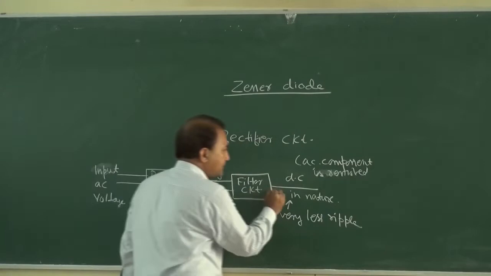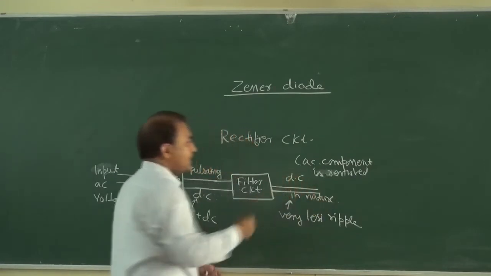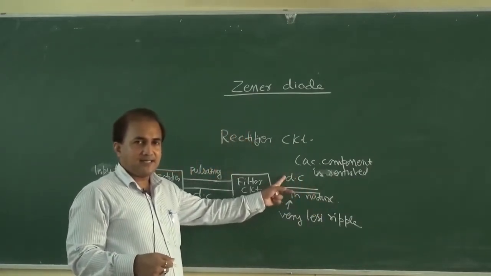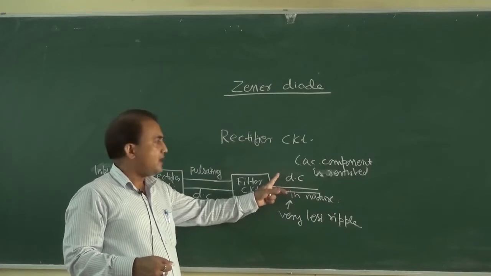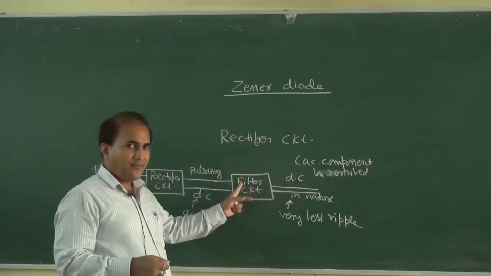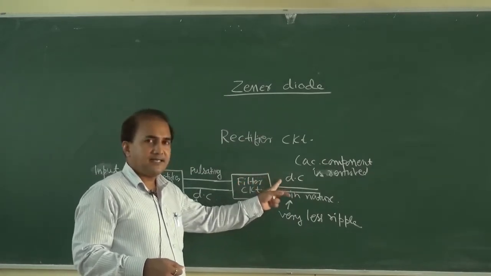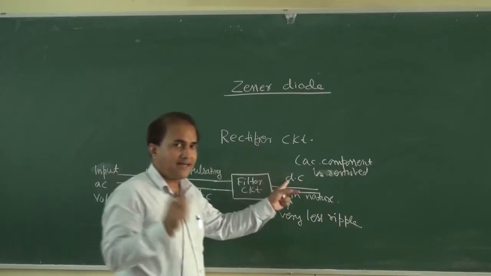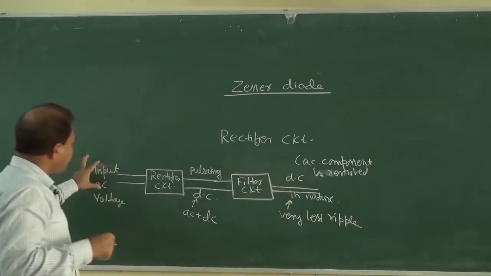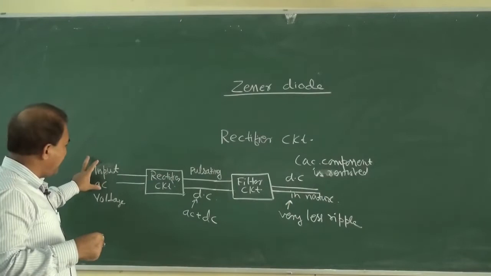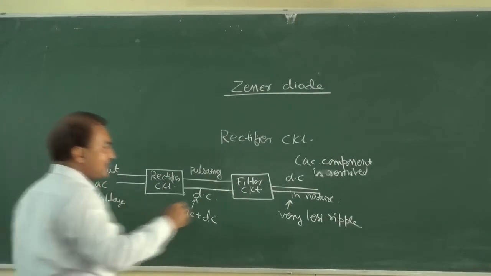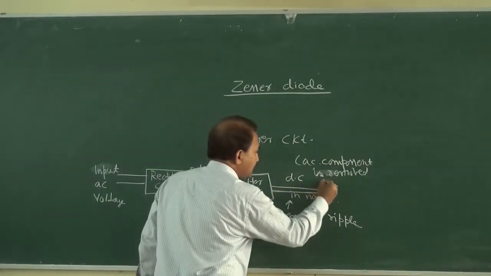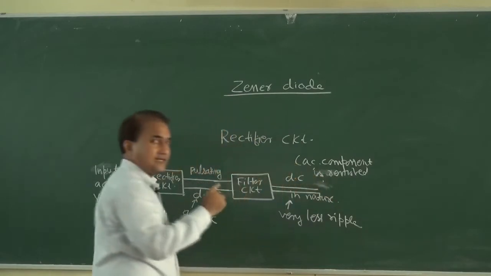But you see this DC voltage, this is the DC output of the filter circuit. This DC output voltage varies with the input AC voltage as well as the variation in the load resistor.